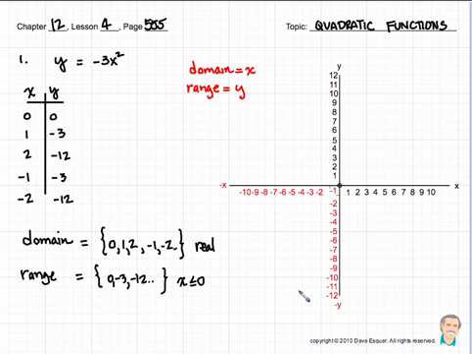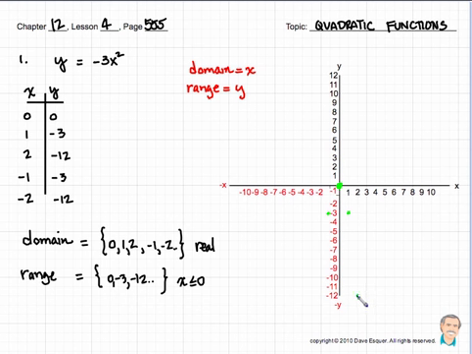So let's make a graph, and we'll start off with 0, 0. I'm not sure how well this is going to work, but let's give it a shot. 0, 0, 1, negative 3, negative 1, negative 3.